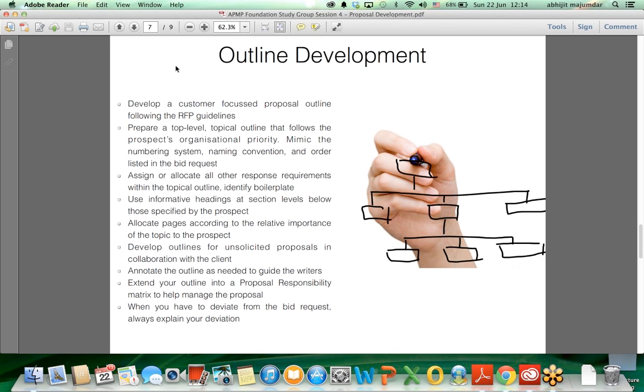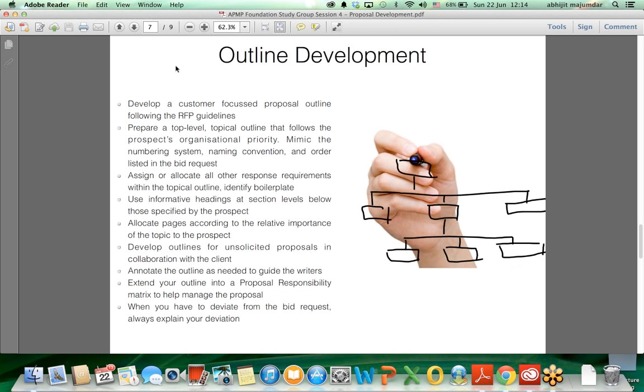To prepare a proposal outline, prepare the top level outline, and the top level outline basically should be the topical outline. It should state what topics you are actually addressing in your proposal, the high level topics. And for this, follow the customer provided proposal guidelines.